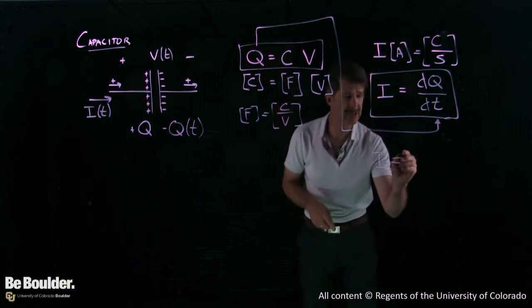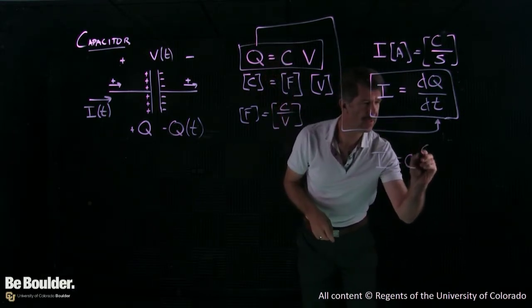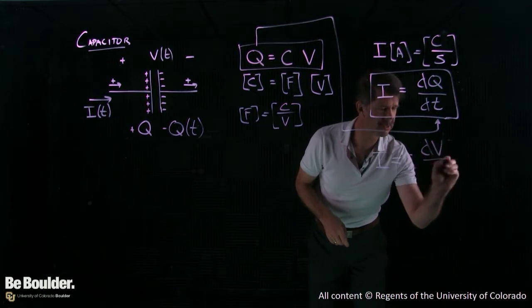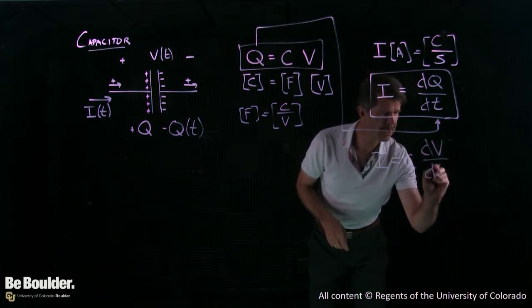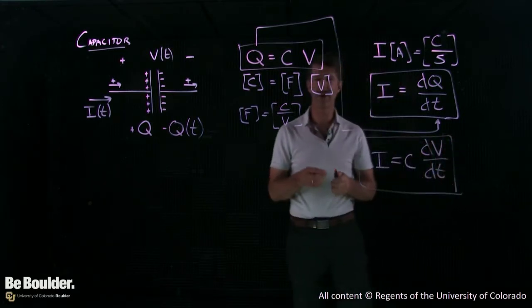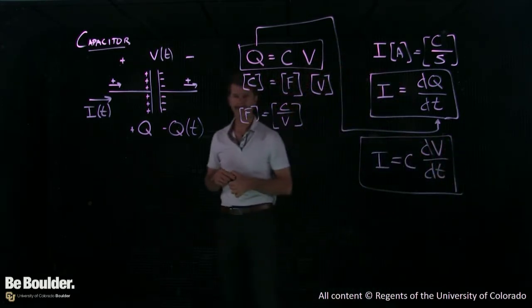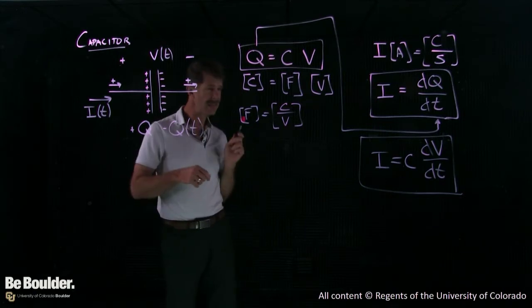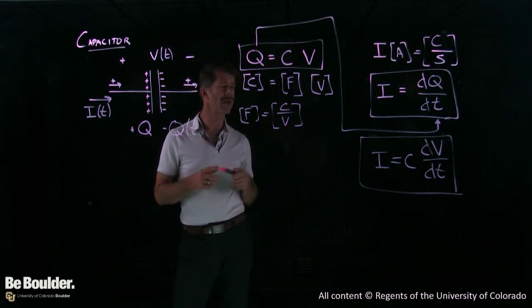C is presumably a constant. It's a feature of the device. And the current equals C times the time rate of change of the voltage. That is the IV relationship for a capacitor.